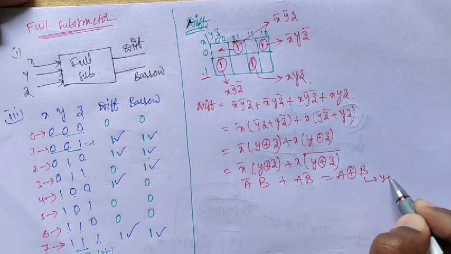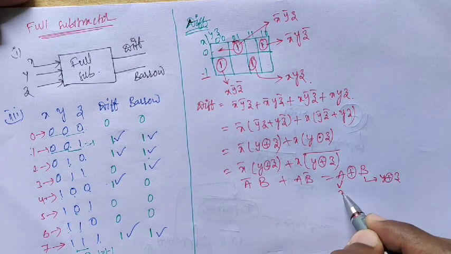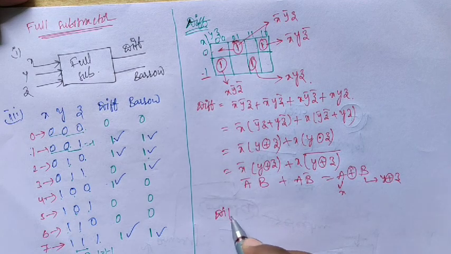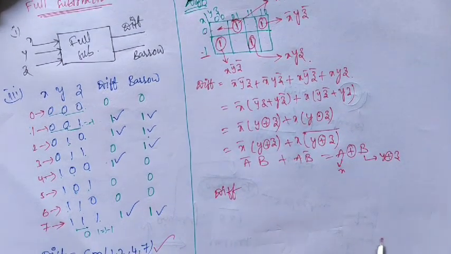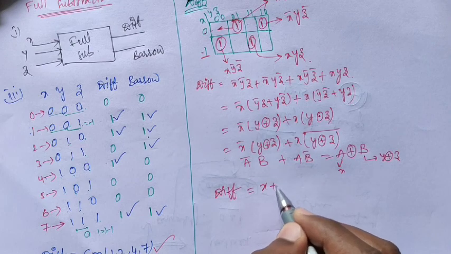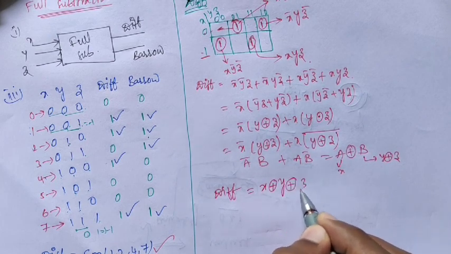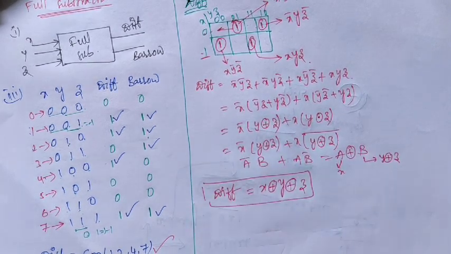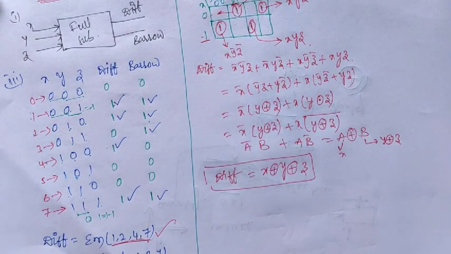Here b means y XOR z, a means x. So finally the difference expression is x XOR y XOR z. That is the difference expression.